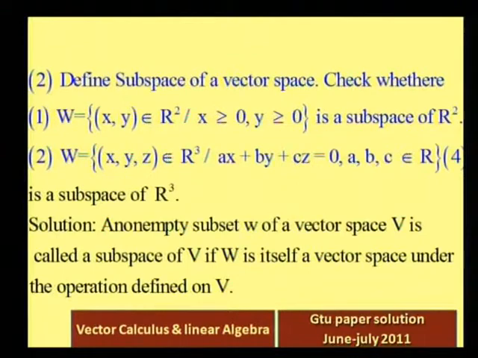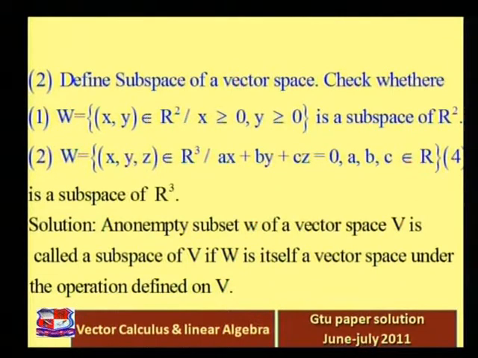Next, we want to check whether the given two sets are subspaces or not. The first one is a subset of R2 where both coordinates are greater than or equal to 0. So we can take only those elements from R2 in W such that both coordinates are greater than or equal to 0. By the definition of subspace, we want to check two conditions, addition and scalar multiplication.